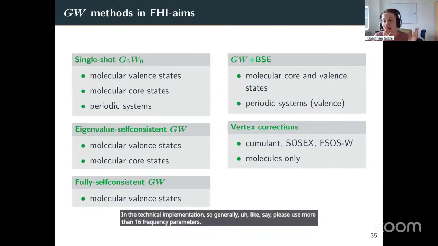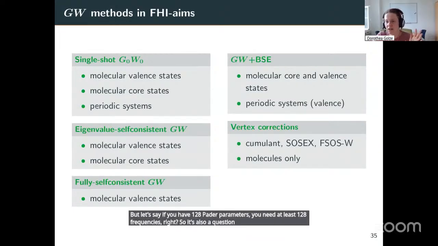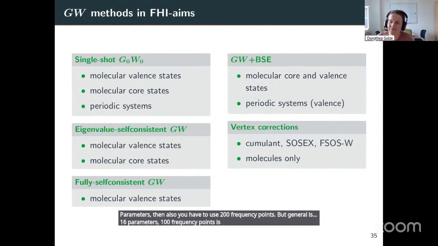But if you have 128 Padé parameters, you need at least 128 frequencies, right? So it's also a question of whether your self-energy has a lot of structure and you need to use 128 parameters, then you also have to use 200 frequency points. But in general, with 16 parameters, 100 frequency points is usually really safe.